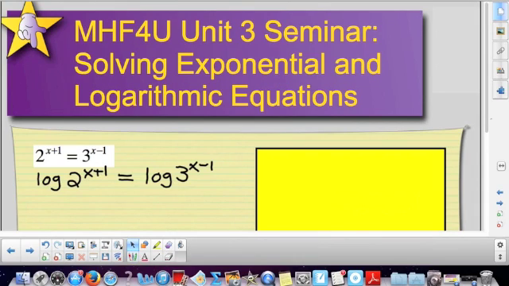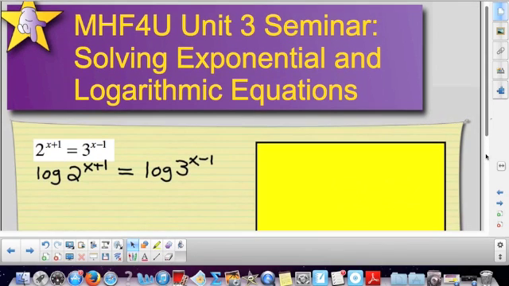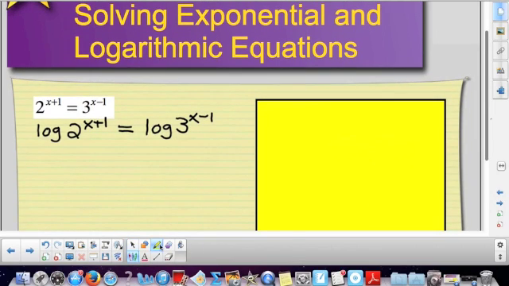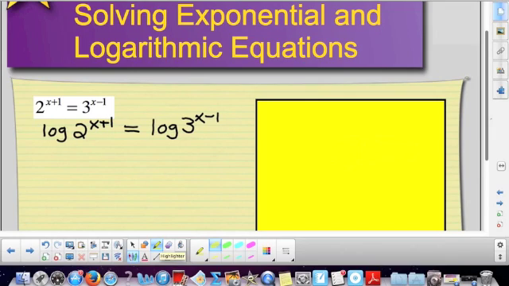Daggy, what rule am I going to apply next? The power rule. Good, the power rule. But remember, in the last question I applied the power rule once. Now I'm going to apply the power rule twice. I'm going to bring the x plus 1 and the x minus 1 down in front of the logarithm.